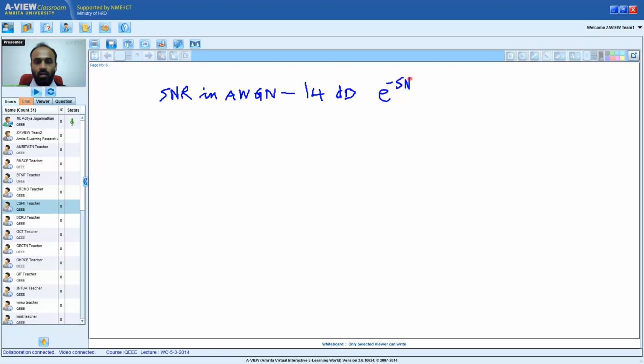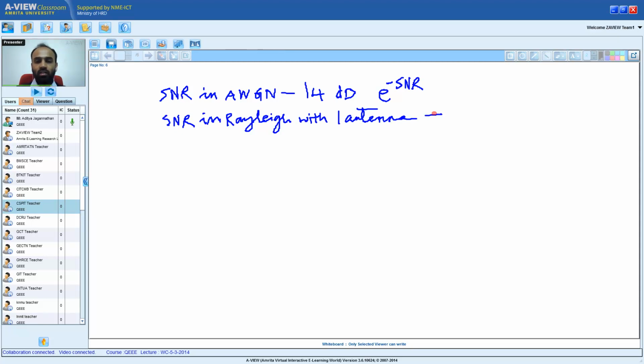and in a fading channel the bit error rate decreases only as 1 over SNR. What is the SNR in a Rayleigh fading channel with one antenna?